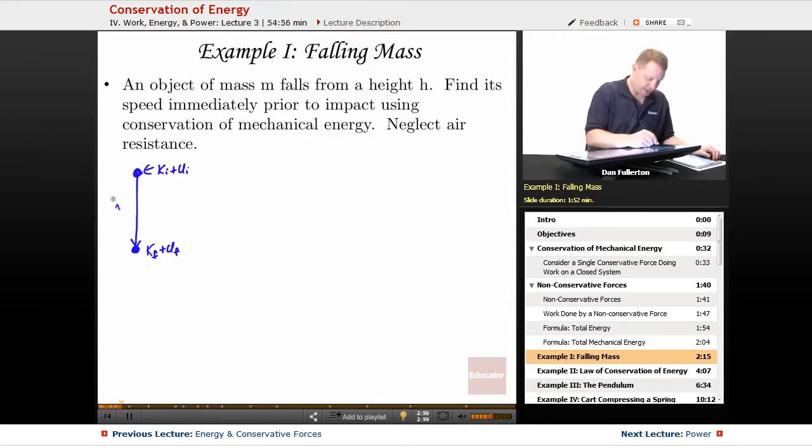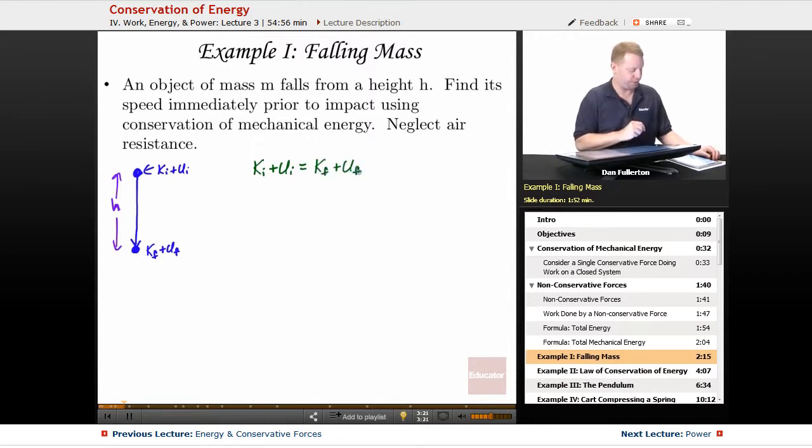And it changes its height by an amount, h. So, writing our formula for conservation of mechanical energy, because we're only dealing with conservative forces here, we're neglecting air resistance, the initial kinetic plus the initial potential energy must equal the final kinetic plus the final potential energy.